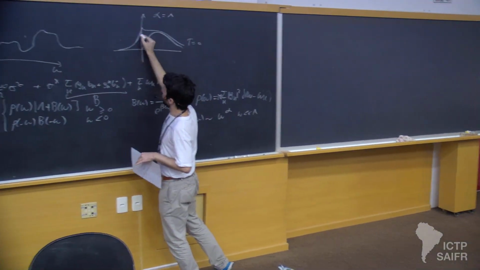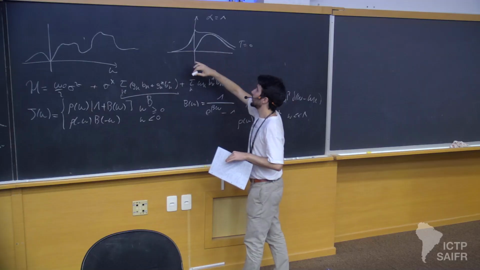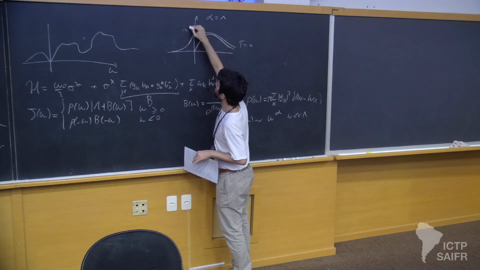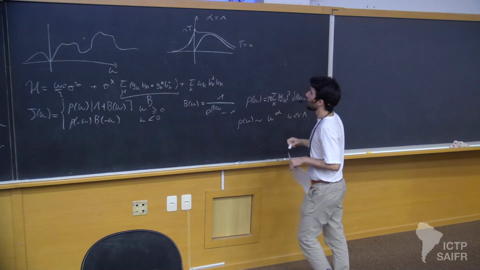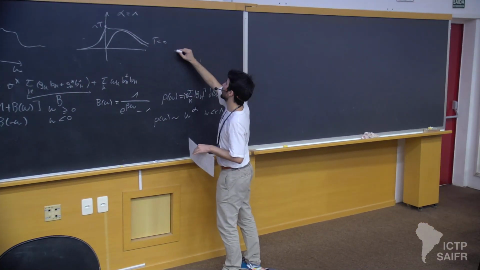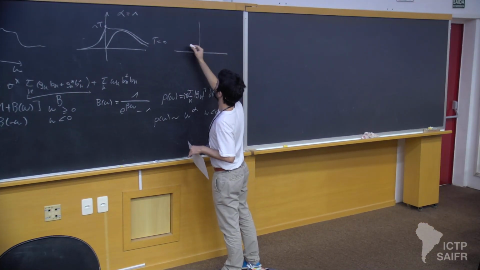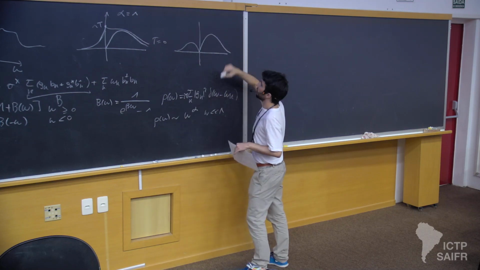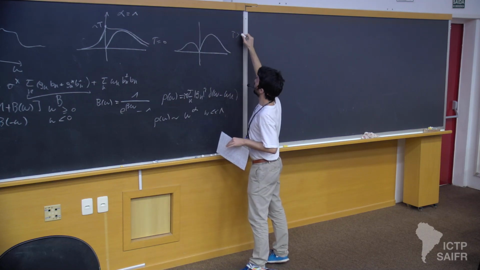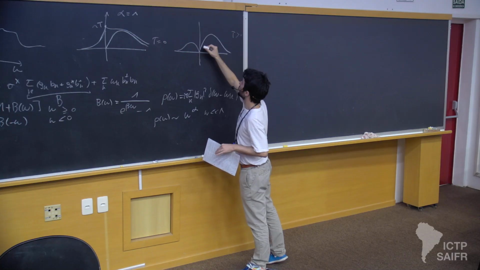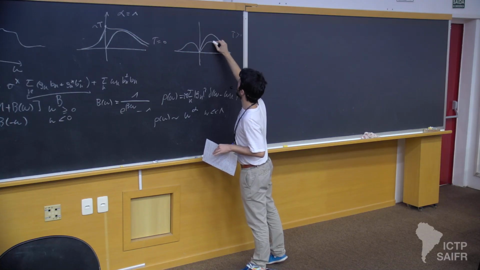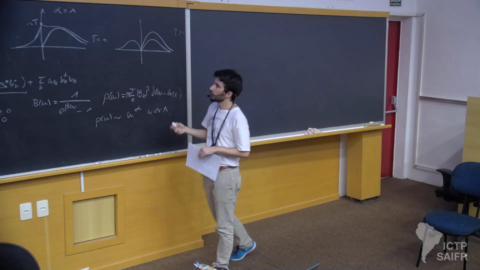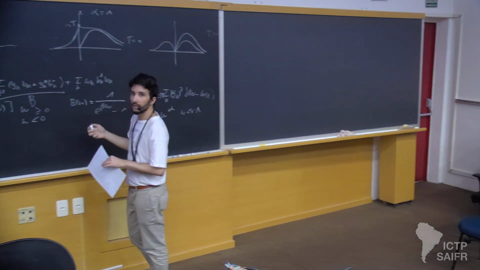You acquire a tail at negative frequencies, and the height here grows as the temperature. For super-ohmic, we have something like this at a finite temperature, whereas at zero temperature, of course, you have something more like this. Okay, these are examples. I'm emphasizing this stuff.